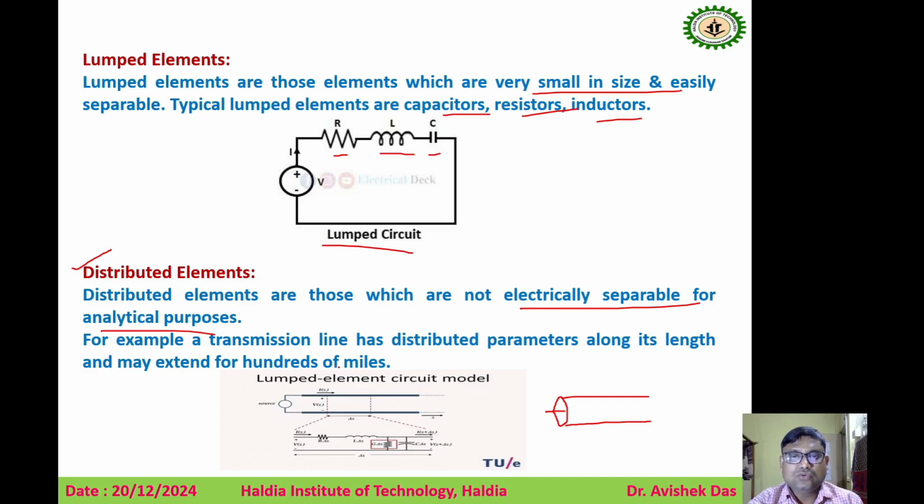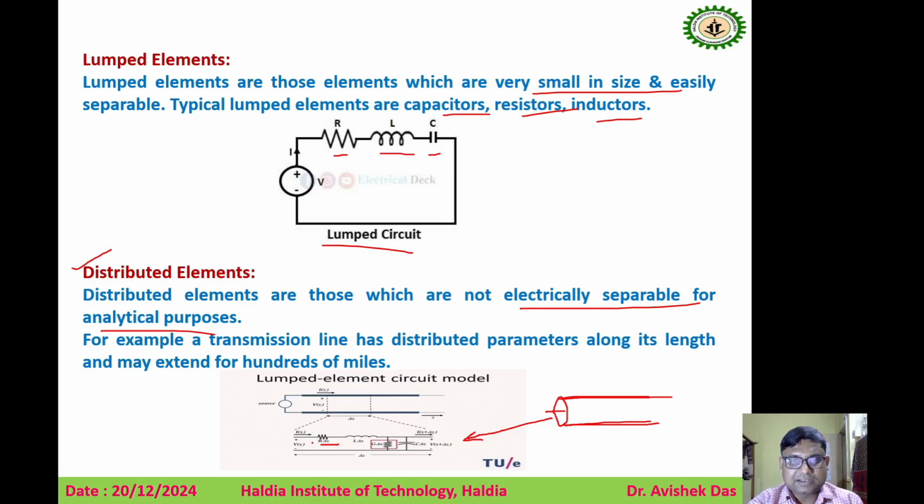But what is the equivalent circuit of the transmission line? You can find that there is one resistor. This is the figure for the equivalent circuit of the transmission line: the resistor, here the inductor, and here G and C, right? So this is an example of a distributed element. This is the coaxial cable, one transmission line.